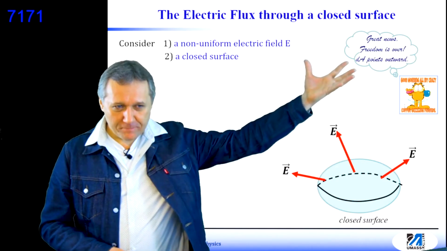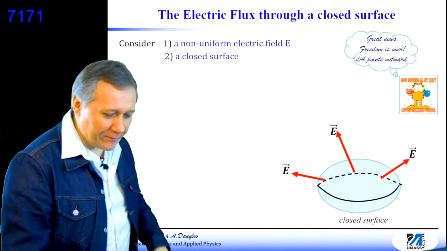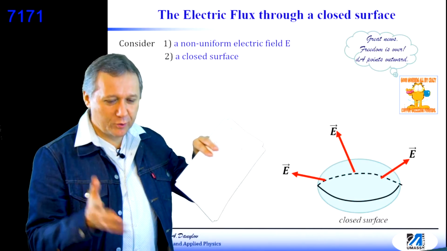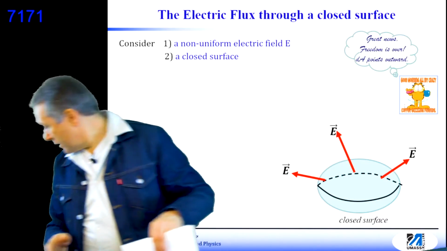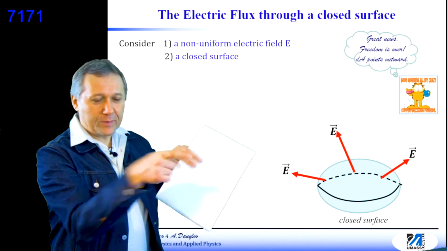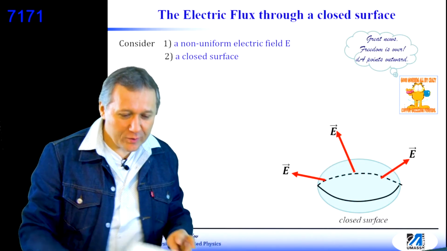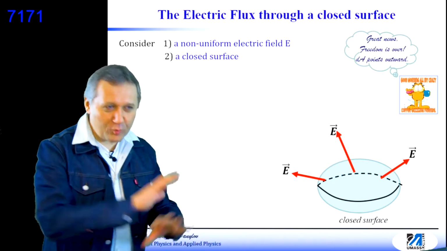But now, you see, when we introduced the area vector, and we had surfaces like this, I told you that you had freedom to choose the direction of the area vector the way you want, right? You can point it this way or that way. You had that freedom. And now it's time to take that freedom away from you. No more freedom, guys, right?